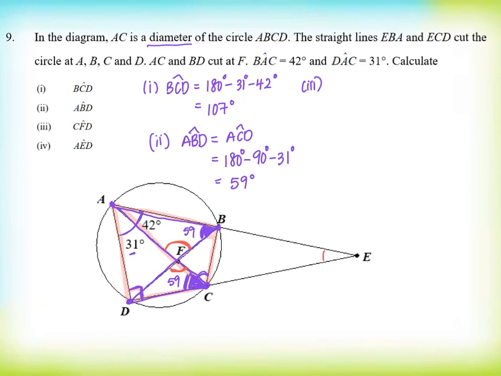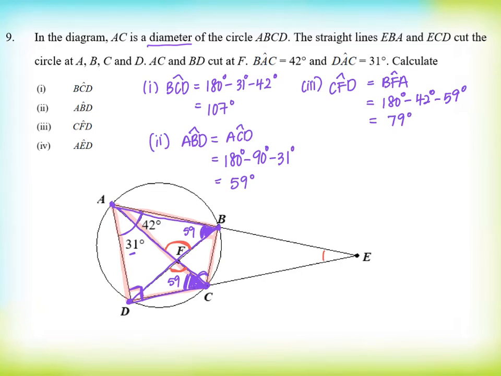So I know that angle CFD, vertically opposite, equals angle BFA. And BFA can be found by 180 degrees minus 42 minus 59 degrees. And that gives me 79 degrees.